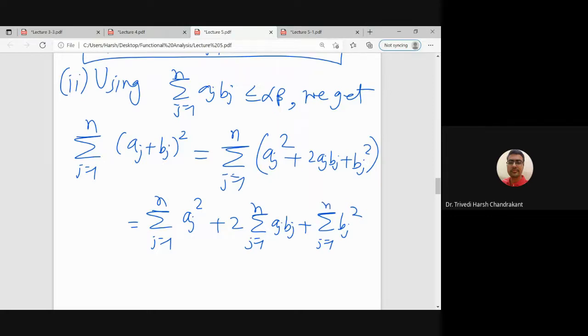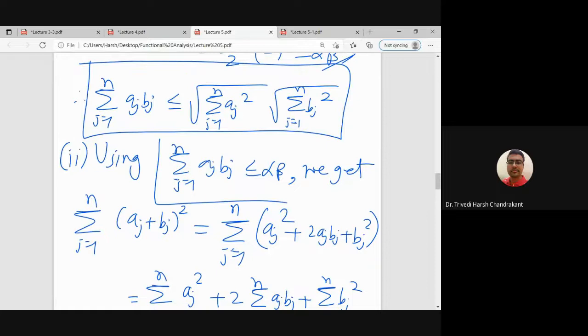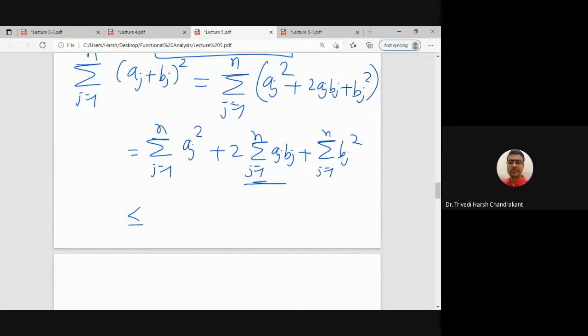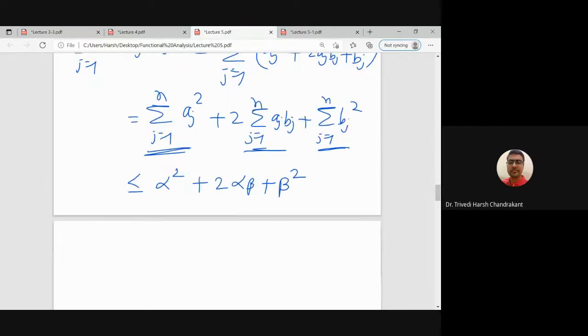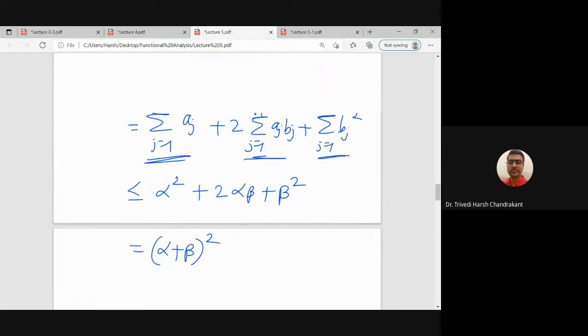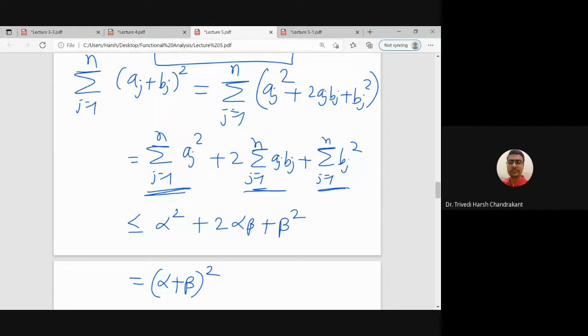Now this middle term, we know, is less than or equal to alpha beta. So this is less than or equal to, what is this term? This is alpha square, right? Because alpha is the square root of this number, plus 2 times alpha beta, plus this term is beta square. So finally what we get is (alpha plus beta) square. And now we can take the square root on both sides.